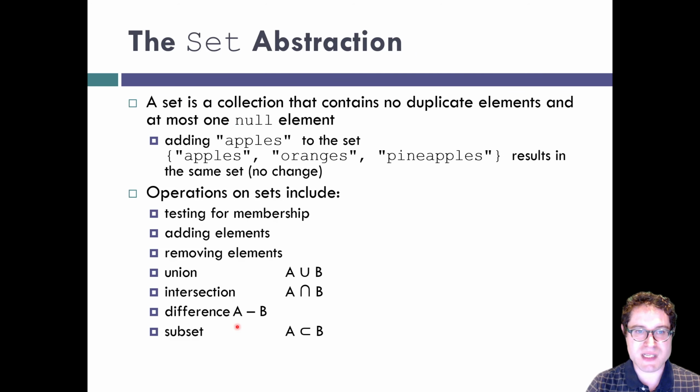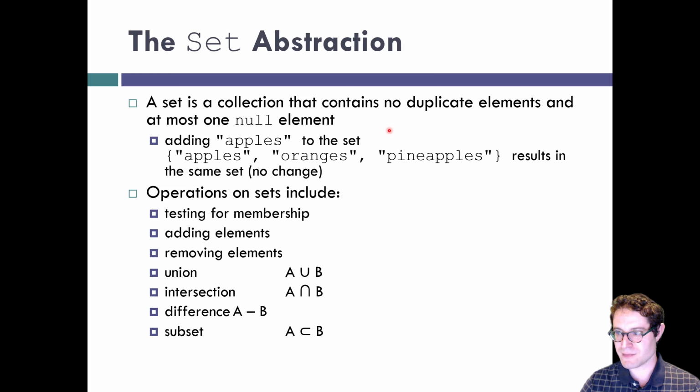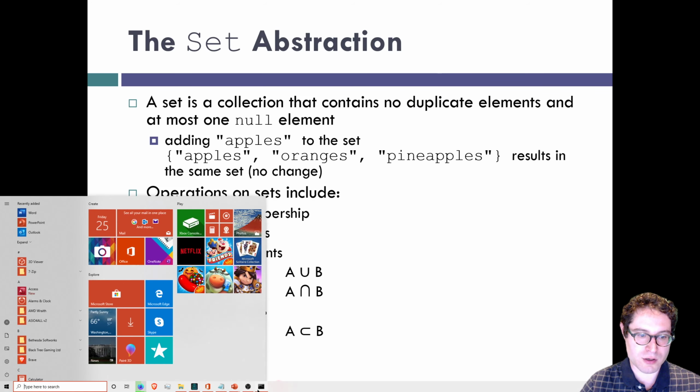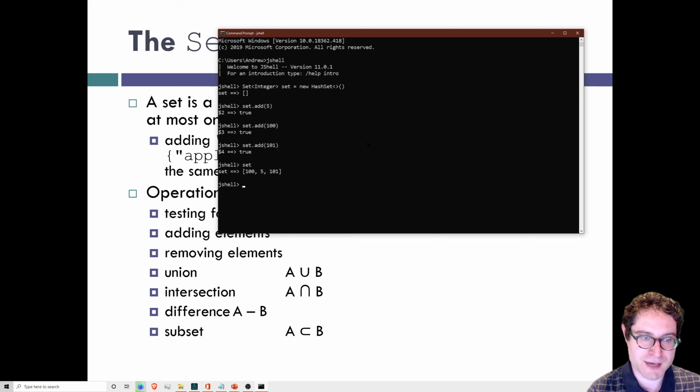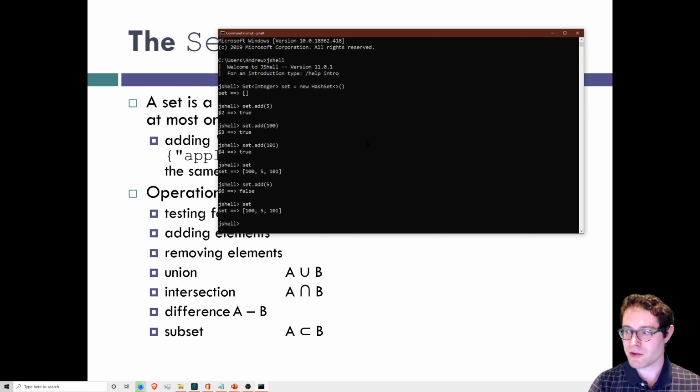Right? So we've seen the set from our mathematics, which is that a set is a collection of items that has no duplicates and at most one null. So if we go back to this, if I do set.add 5, it comes back false. And if I print it out, again, notice that there's no additional 5. So here, the add method, which has been returning true the entire time, sometimes returns false.